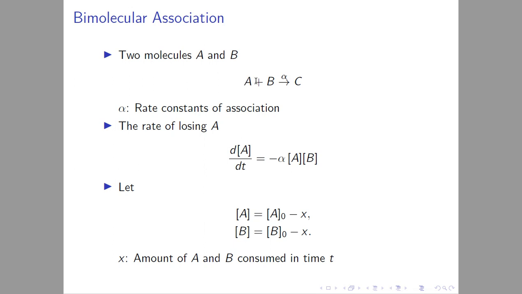So if we have 100 protein, after some time, let's say it becomes 50. We want to see the rate of the losing of the protein and the ligand in the association.